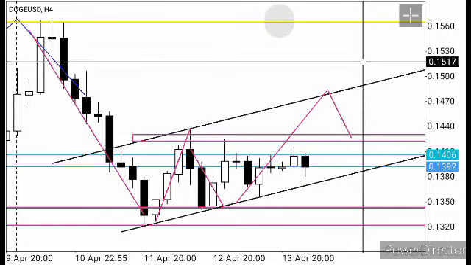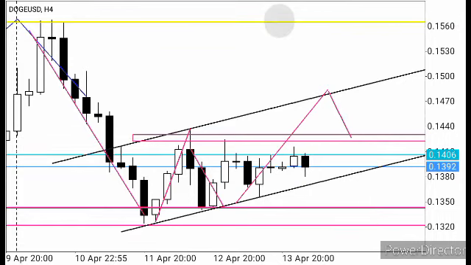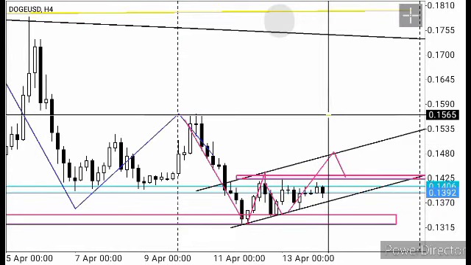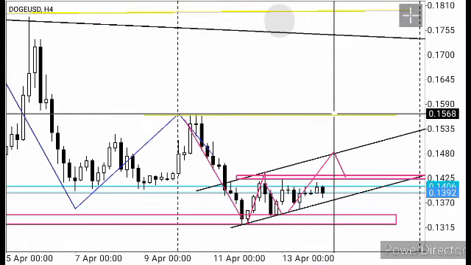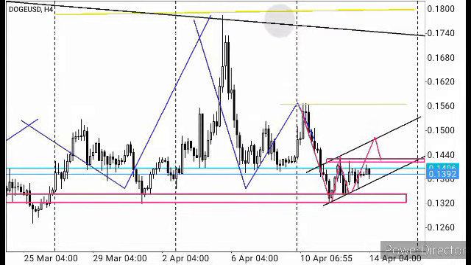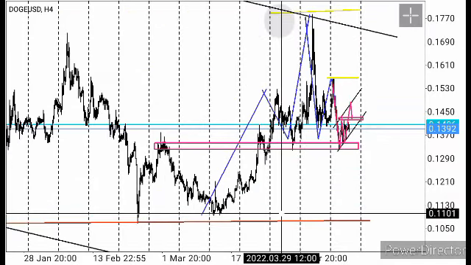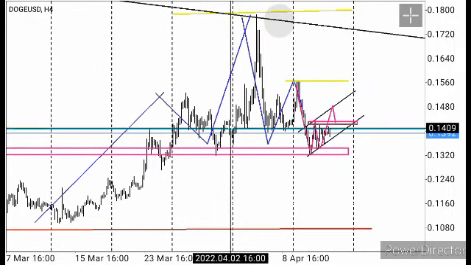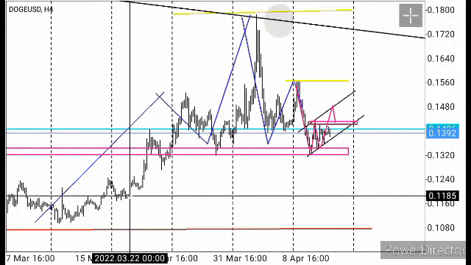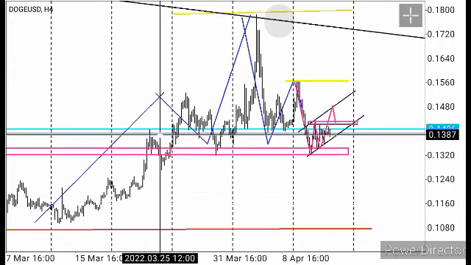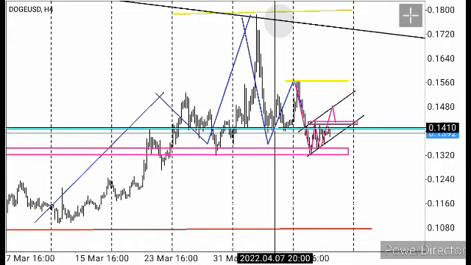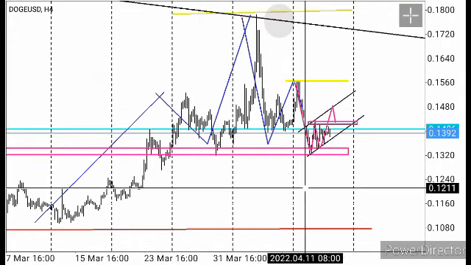My TP would be this zone over here, which we spoke about earlier, where we said that it's an area of high liquidity and price needs to hit over here before actually going down to that level that we spoke about earlier, which is here, right? And once that also happens, it'll continue with the head and shoulders pattern, which is in blue here, which we spoke about earlier on the daily chart.